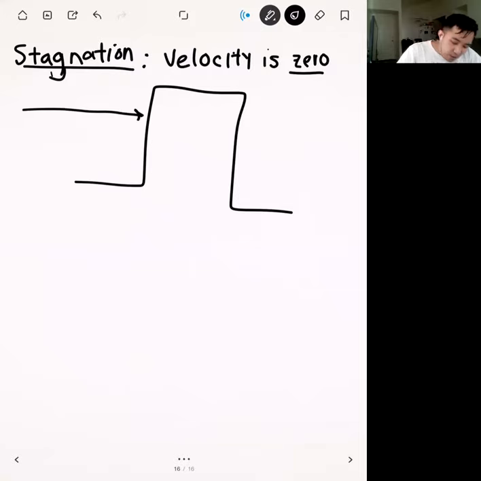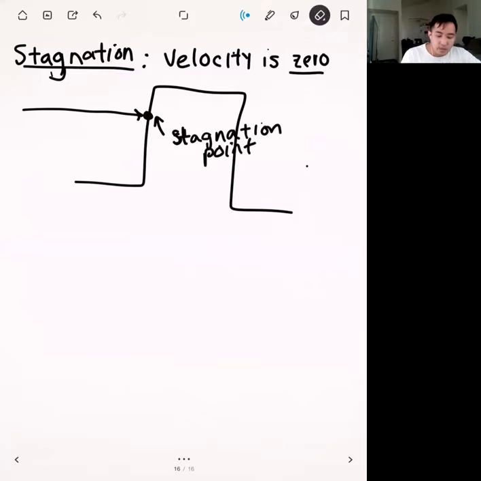Right at the location when the air strikes the building straight on, this is what's called a stagnation point. A stagnation point is nothing more than a location where the velocity is 0.